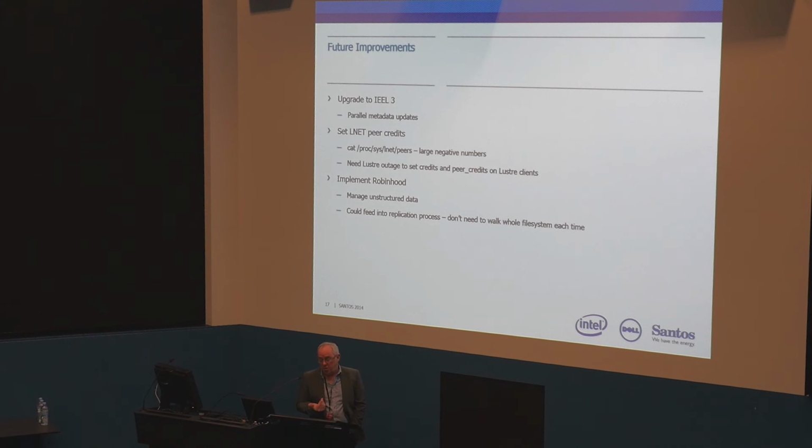They'd also like to look at Robinhood, which gives you a record of the file system changes, but also gives you a good database of what files are in your system, and a good way to analyse what sort of data you've got in your file system, and file system sizes.